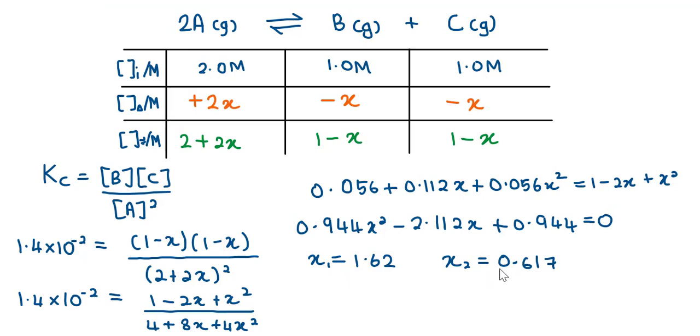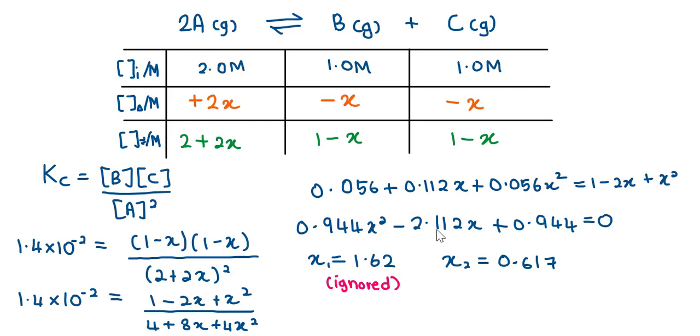Since we have two different values here, try to substitute them into this table. So we have 1 minus x; if 1 minus 1.62, you will get a negative value. Since the concentration cannot be a negative value, we are going to ignore this value.